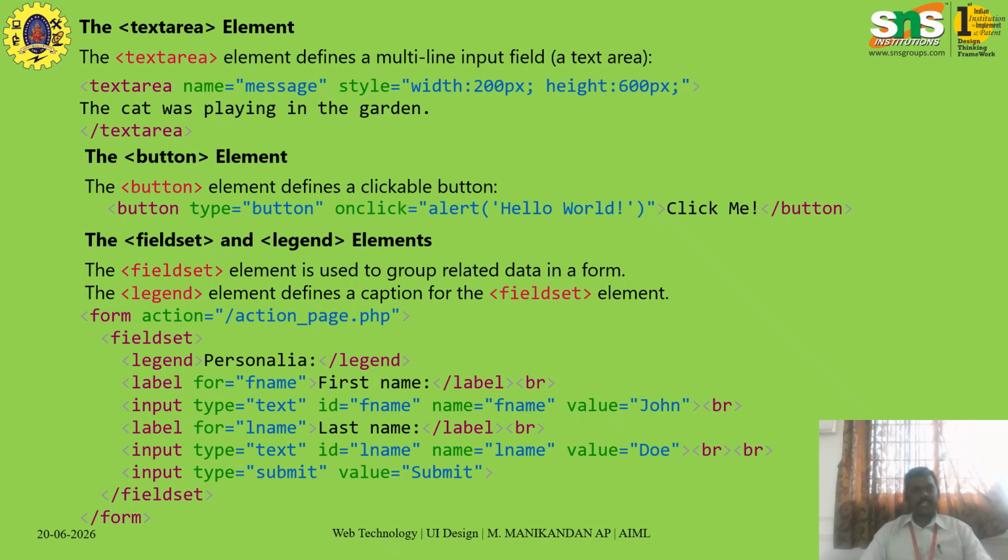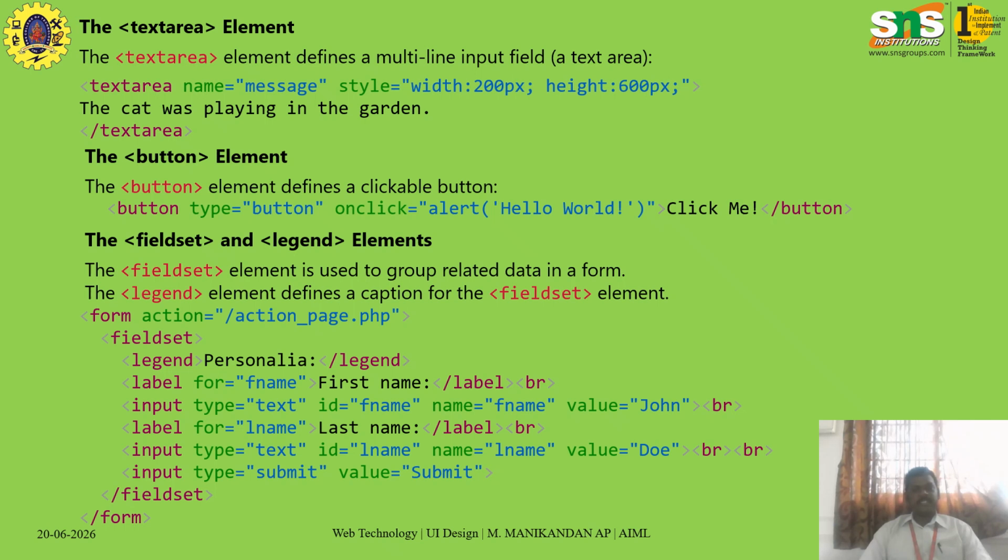Within a form, we can have an OK button, submit button, cancel button, and various types of button functionalities. While clicking a button, it will process the function and show click me as an output.